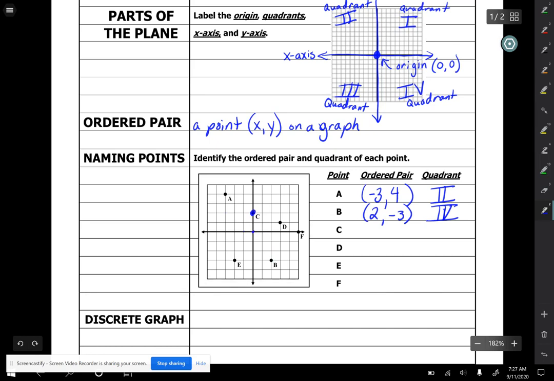So if I start here, I don't have to move to the left or to the right any. All I have to do is move up 2 to get to C. So if I didn't move left or right at all, I have 0 as my x value and up 2, so +2. Okay. So since this is not technically in a quadrant, we're just going to write that it's on the y-axis.